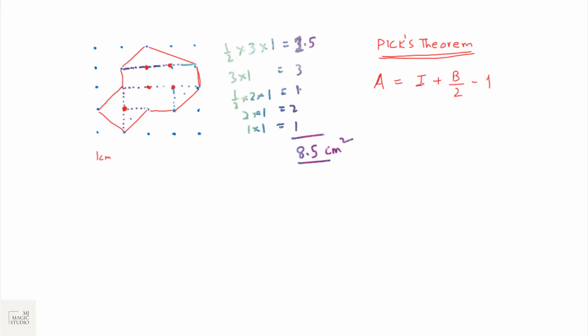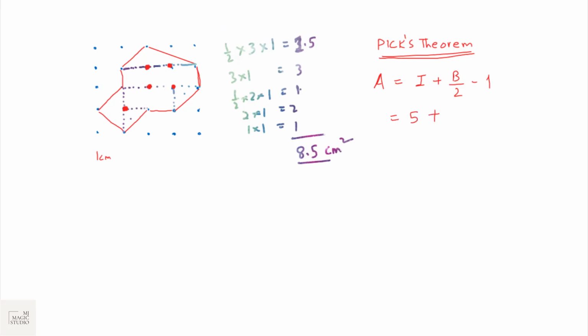A stands for area. I is the integral points inside the bounded figure. We can see how many integral points there are: 1, 2, 3, 4, 5. If this is a graph paper, these are all integral points. The integral points inside the bounded figure are 5.